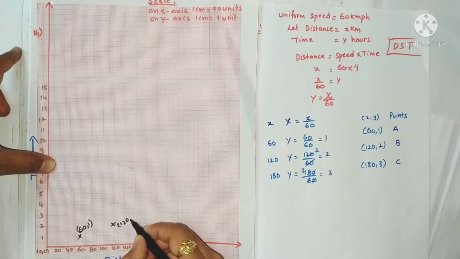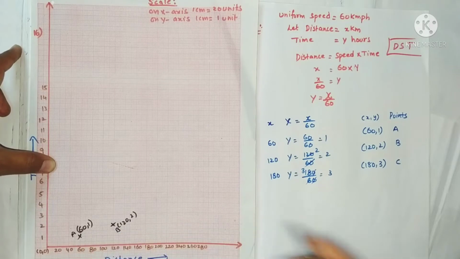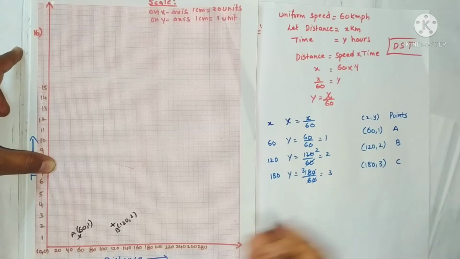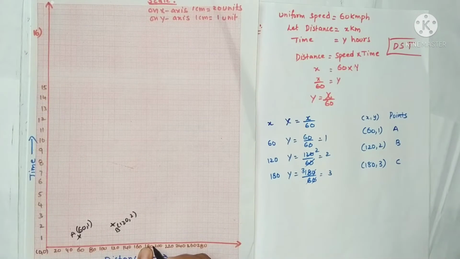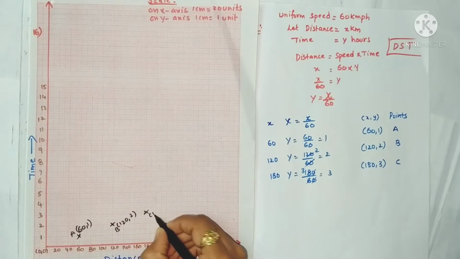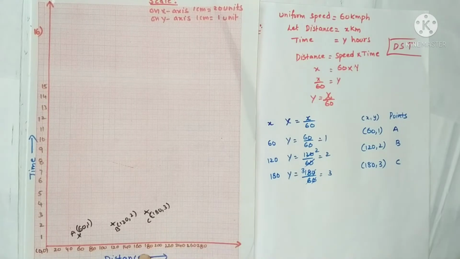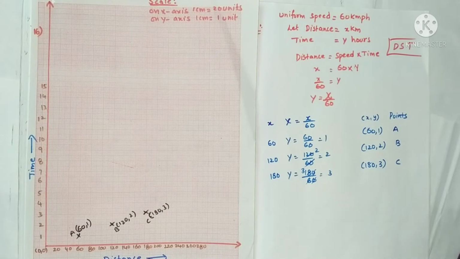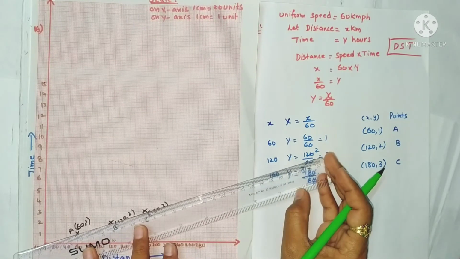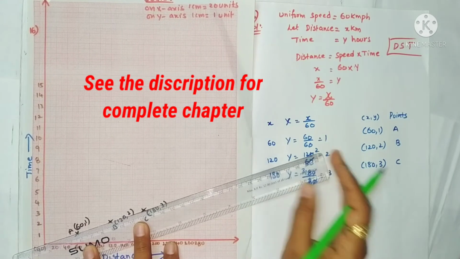So 120 comma 2, it is point B. And C, x is 180 here and y is 3. So 180 comma 3. Okay. Now with the scale, join these 3 points.